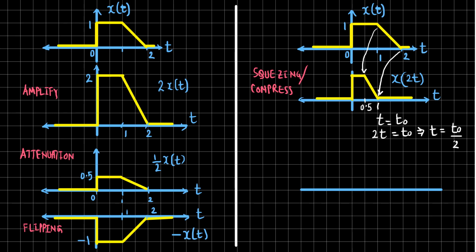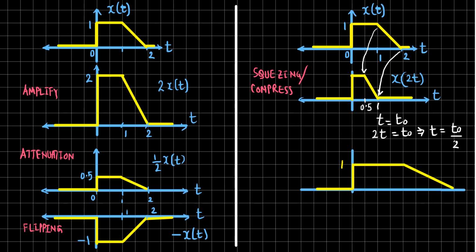Let's take the expansion factor again as 2. So the new signal will look something like this. This will be the new signal that is obtained after expanding the original signal.